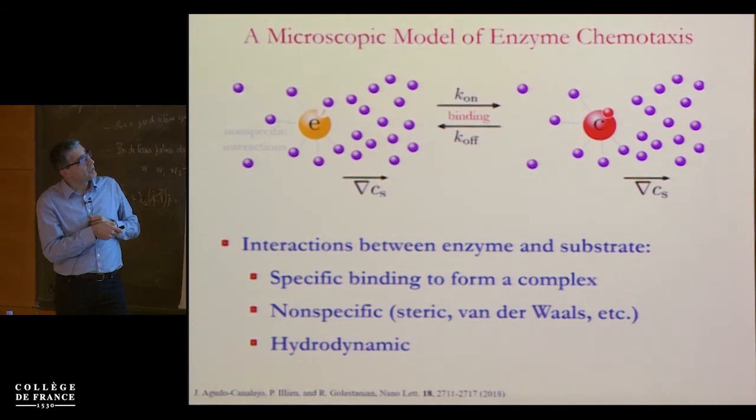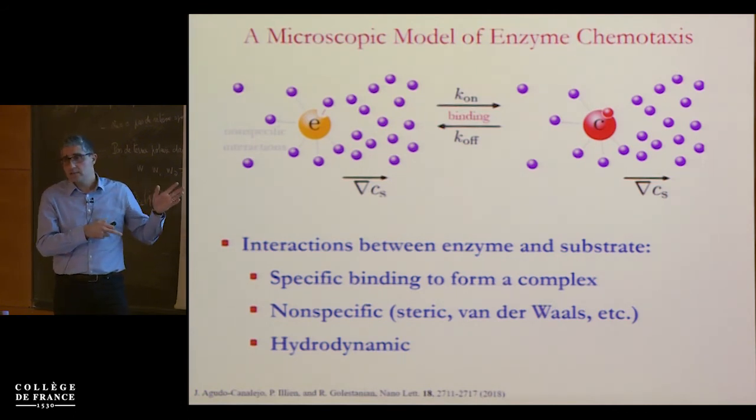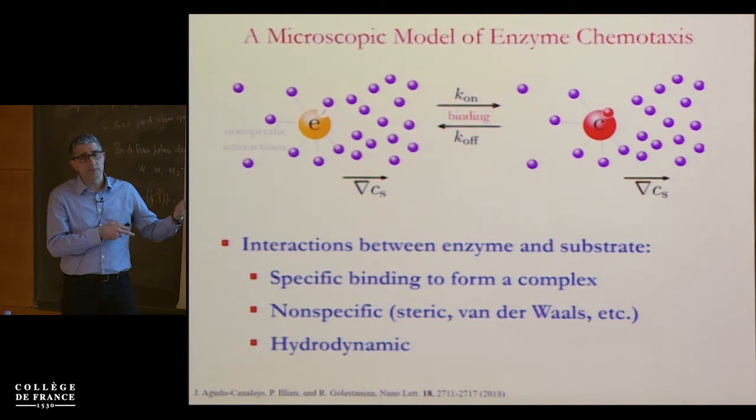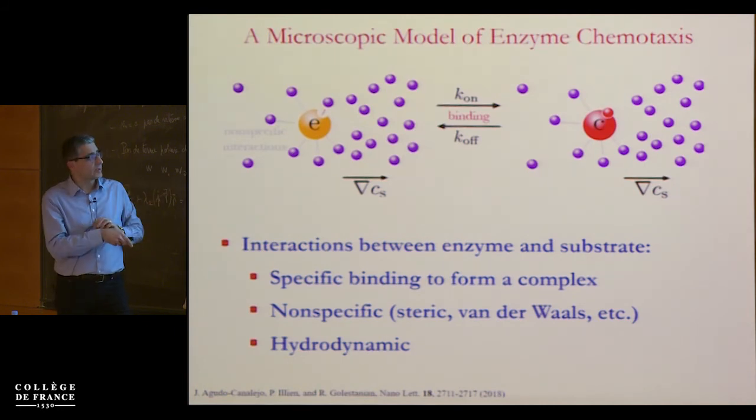There is binding, unbinding going on, and there are rates for that, and then there is a gradient of the substrate concentration, which means, if you think about it, the balance of this binding-unbinding process is being modified in different places in space, because at every given point there is a different concentration. And then there's also hydrodynamics and non-specific interactions as well, which will lead to the phoretic type of interaction that I discussed so far.